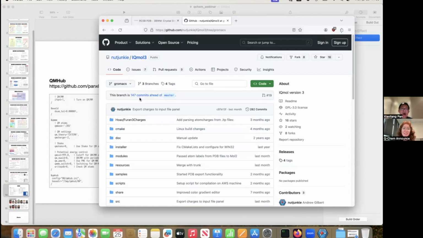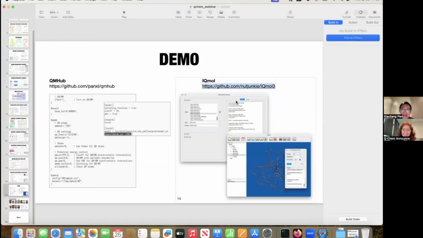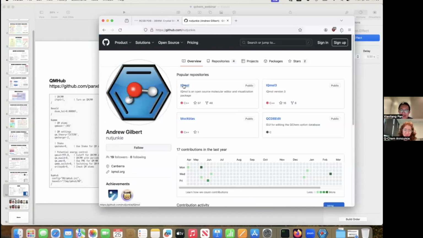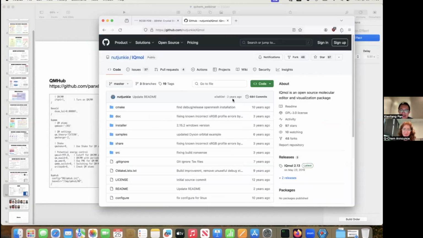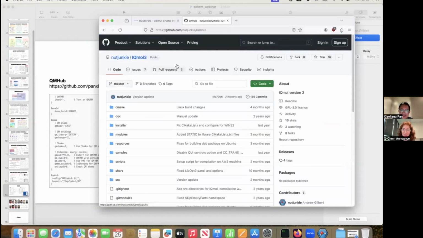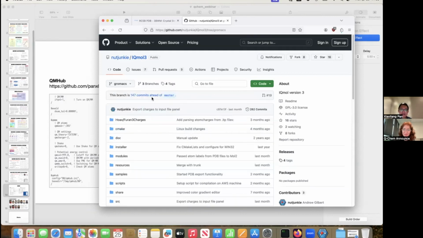Okay, I see. That's probably something Andrew needs to update. Yeah, that's very confusing. The IQmol repo is relatively two years old, so any development is in the IQmol 3 repo. Here you see there are many new updates to this branch.